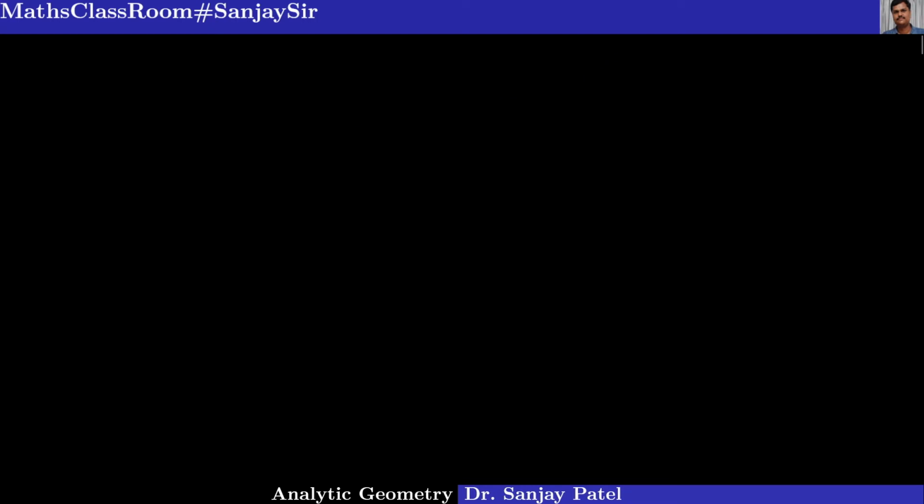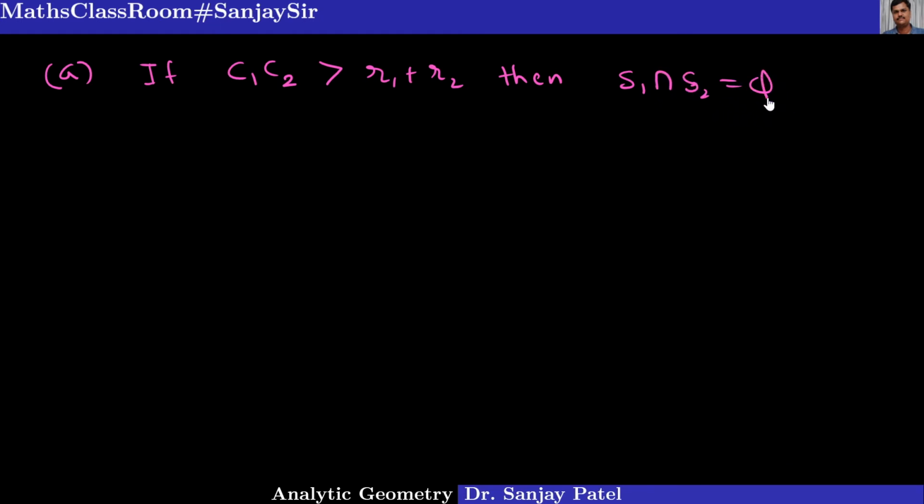First case, let us call it A. If C1C2 is strictly greater than R1 plus R2, that is, the distance between the two centers of the spheres S1 and S2 is greater than the sum of their radii, then the intersection of S1 and S2 is equal to phi.